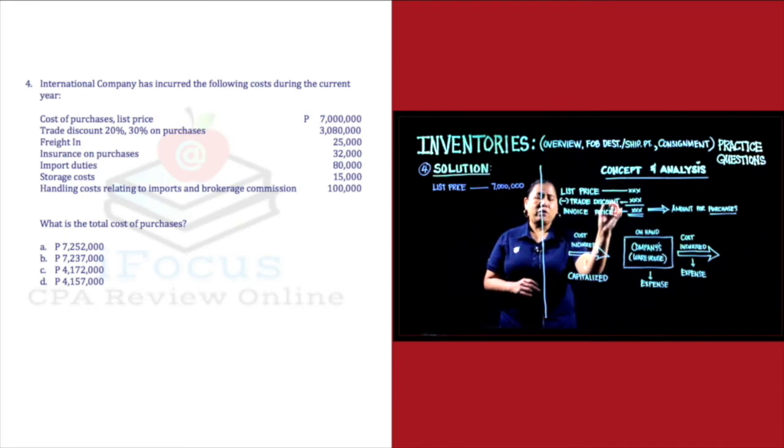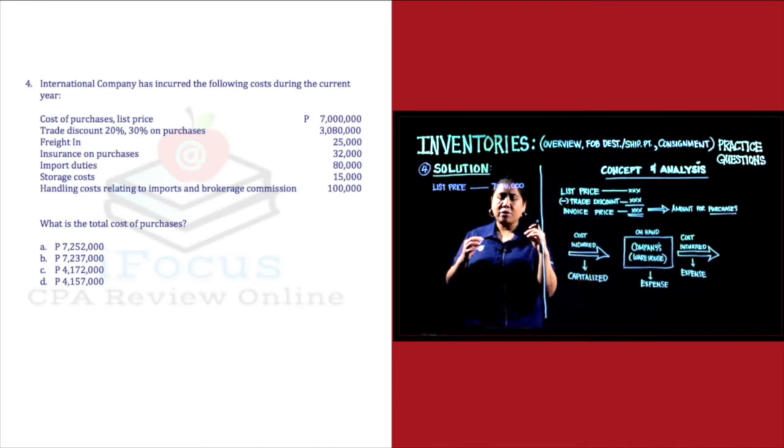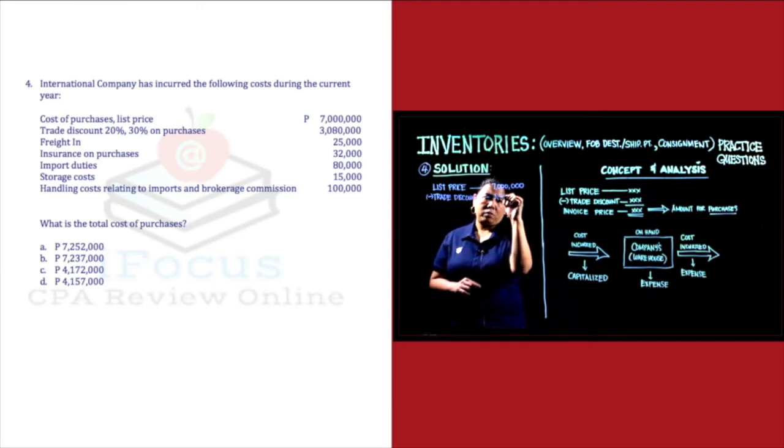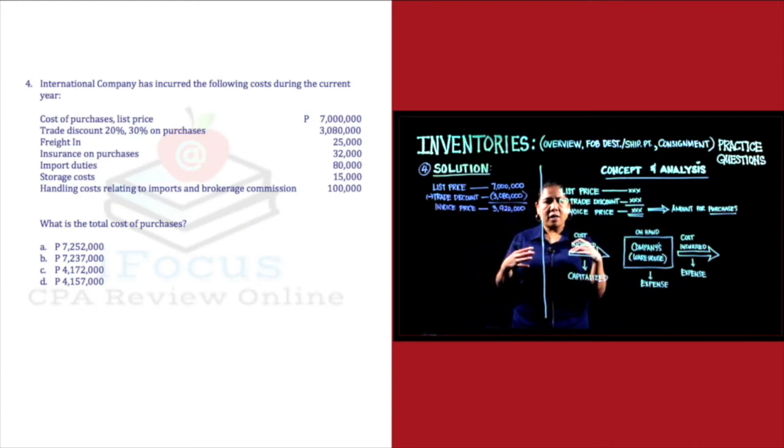Then we will minus our trade discount, which is 20% and 30% on purchases. Pero binigay na yung amount natin. So, 3,920,000 po ang ating invoice price. Yan ang cost ng goods na pinurchase natin.